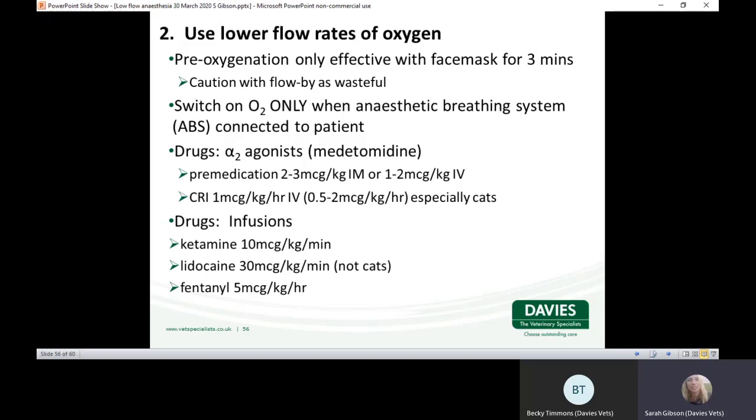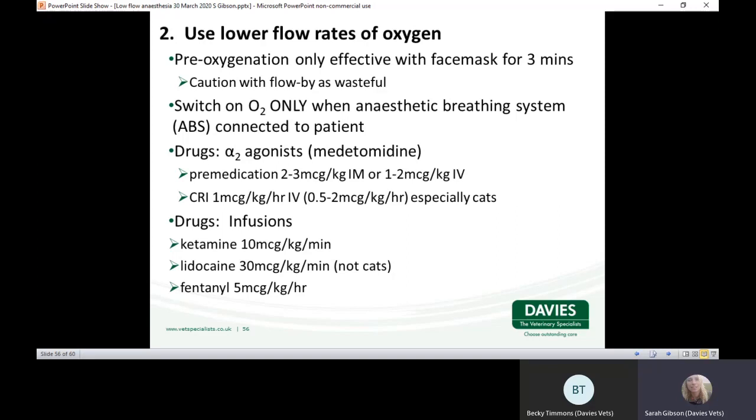So switch the oxygen on only with an anaesthetic machine when the breathing system is attached to the patient. Sometimes people will switch on the oxygen in advance before anaesthetising the animal. This also risks workplace pollution of anaesthetic agent that's in the breathing system.